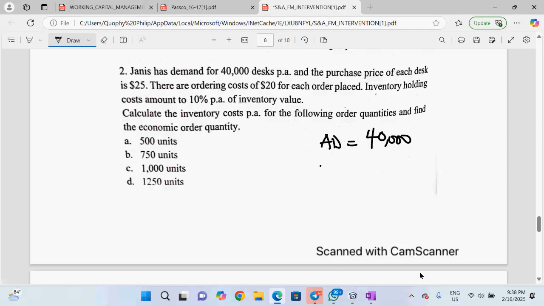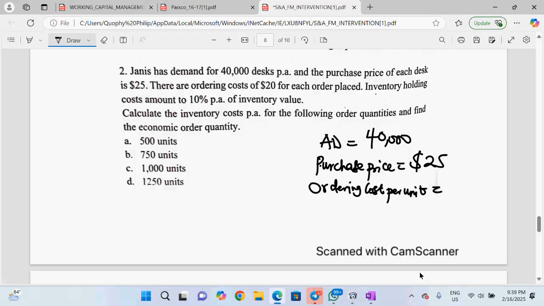The purchase price of each desk is $25. Then we have the ordering cost. There are ordering costs of $20 for each order placed. So the ordering cost is $20.